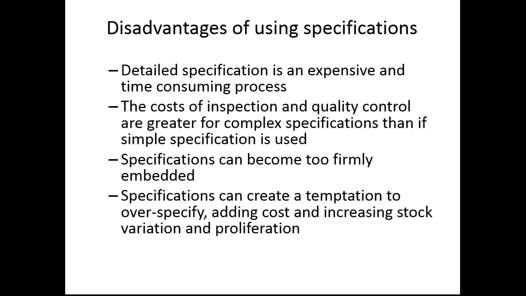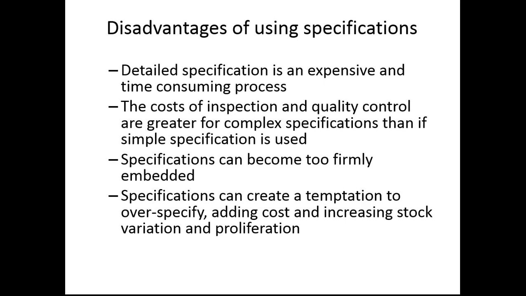There are, of course, always going to be some disadvantages. Detailed specification is very expensive and highly time consuming. So we need to find ways of minimizing time. This is often done through standardization. The cost of inspection and quality control is often far more complex when you have very complicated specifications.